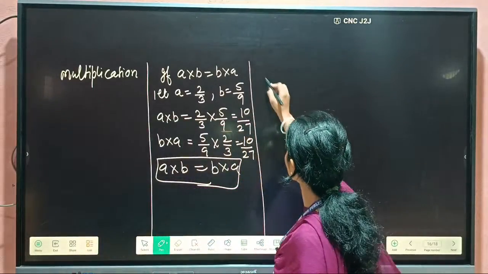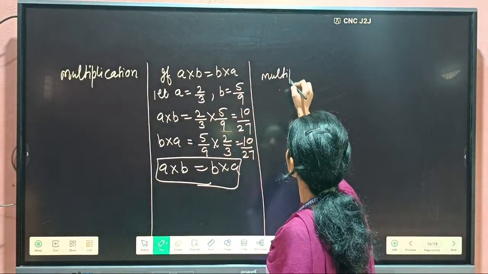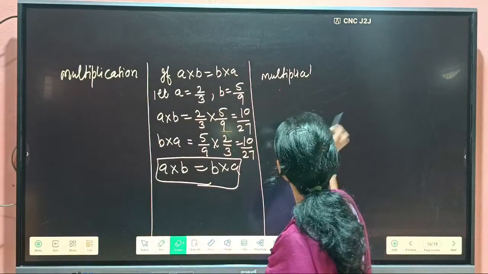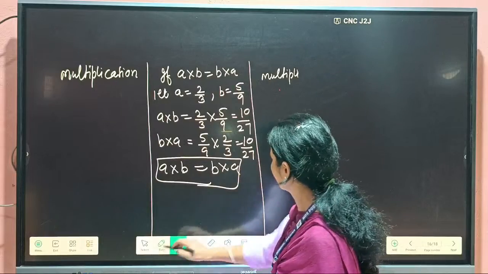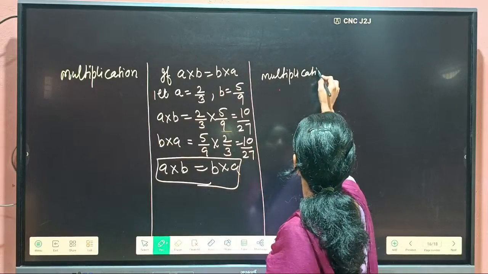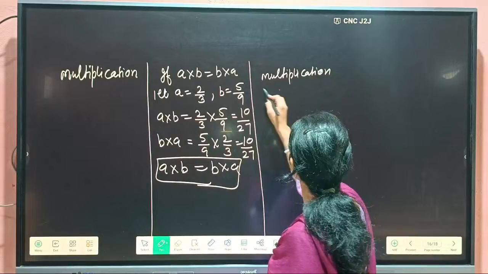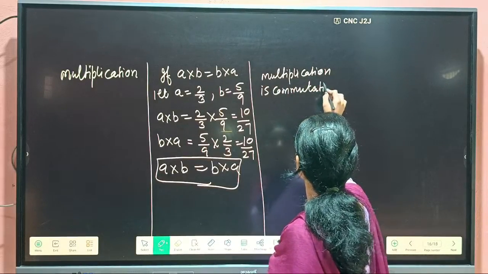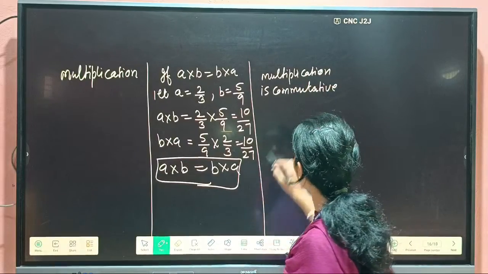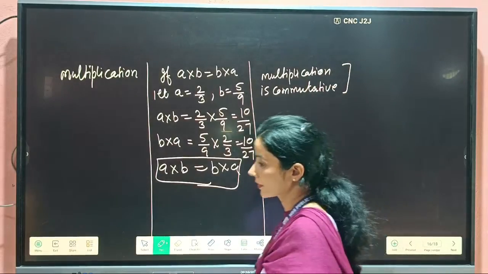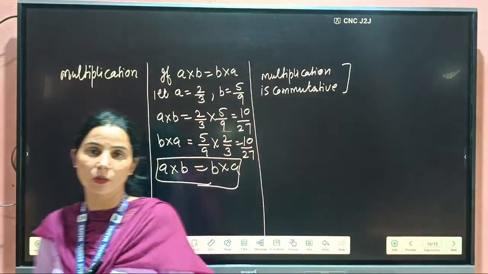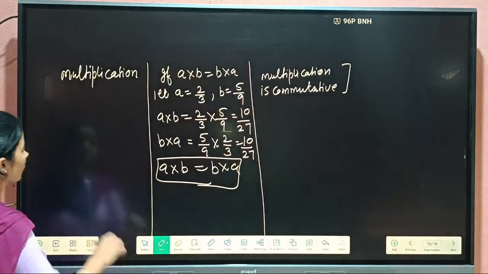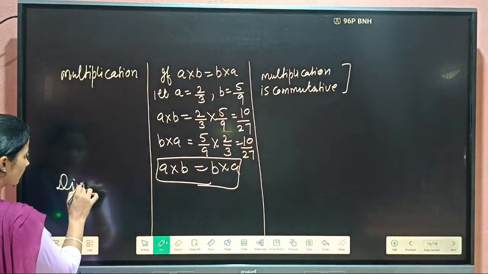Multiplication is commutative. In other words, rational numbers hold commutativity property under operation multiplication. Let us discuss the last one, operation division.